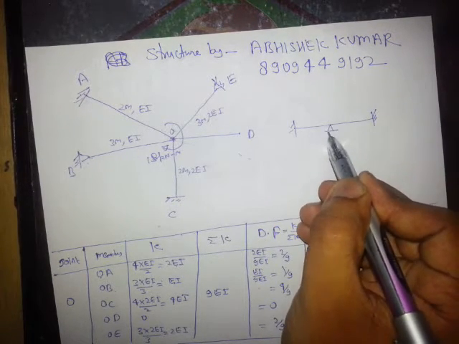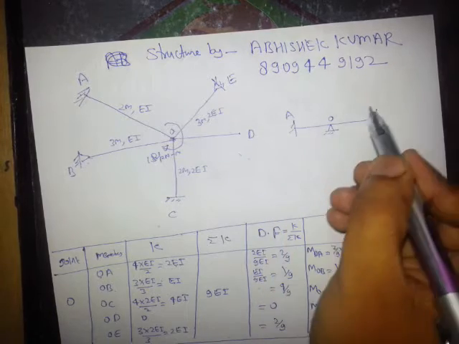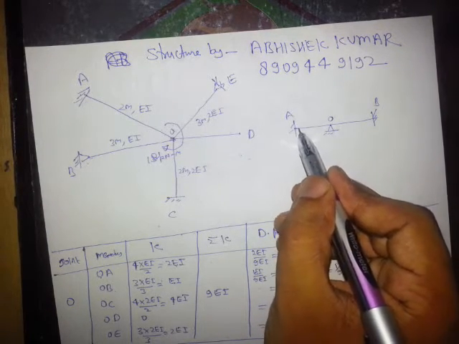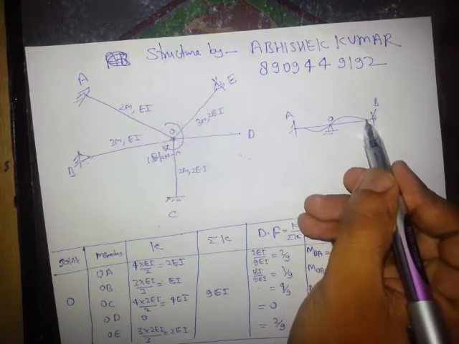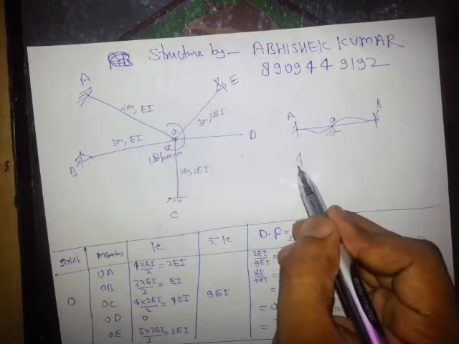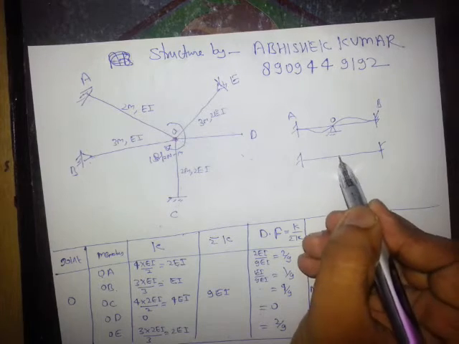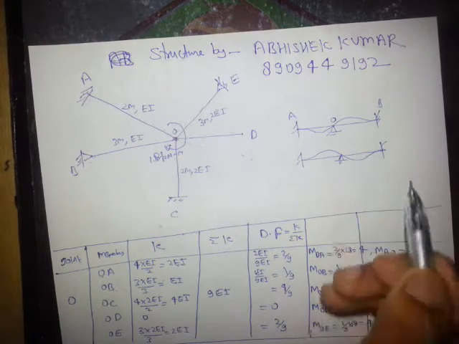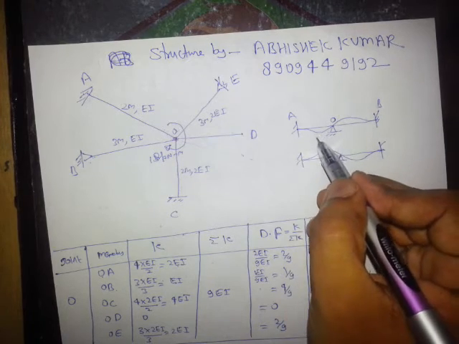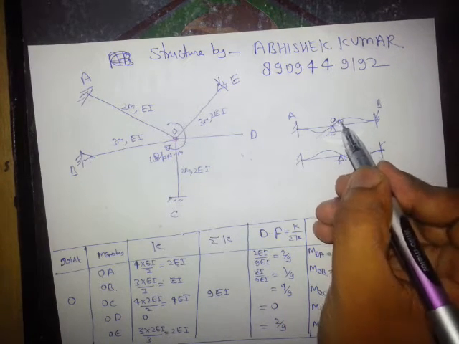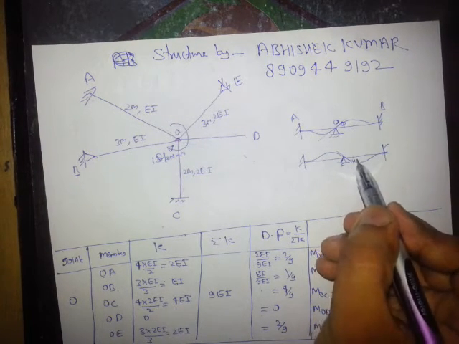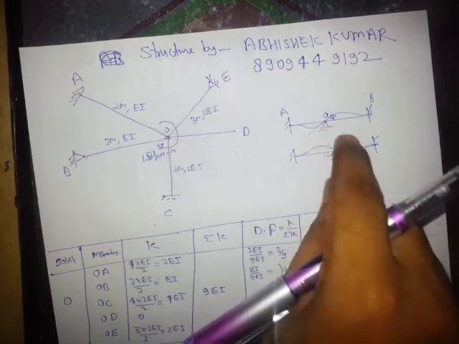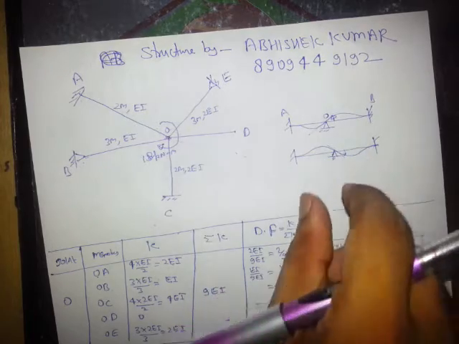This is the joint O, this is A, this is B. Whatever loading is applied, either the rotation will be like this or like this. Means either the net rotation will be anti-clockwise or the net rotation will be clockwise, and since it is a rigid joint, all members will rotate similarly.